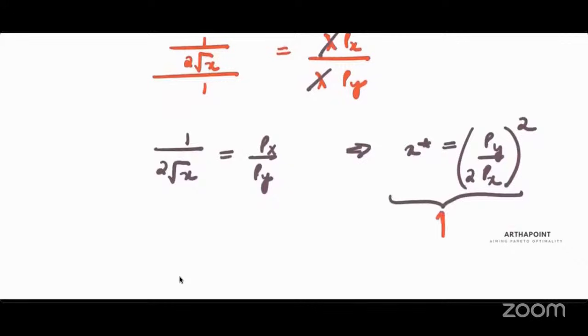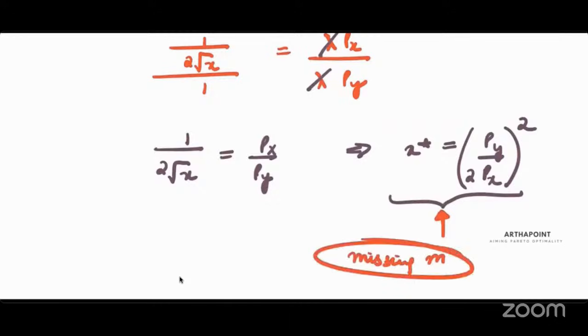Well, this x star, unlike all the demand functions that you had found out, has missing m. Your x does not, in this case, depend on your income.